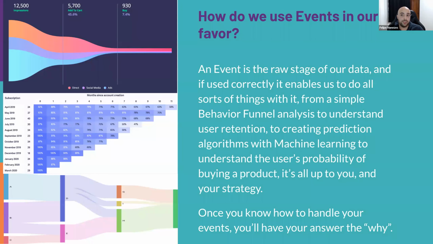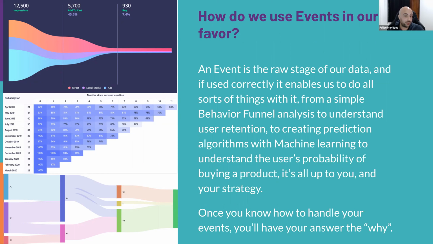And how do we use these events after we capture them? An event, as I mentioned before, is the raw stage of our data. So if used correctly, it enables us to do basically anything that we want regarding user behavior.